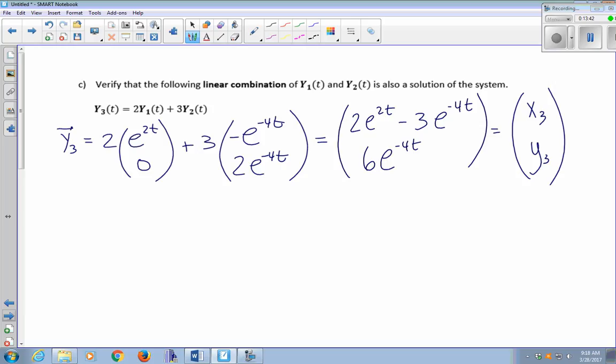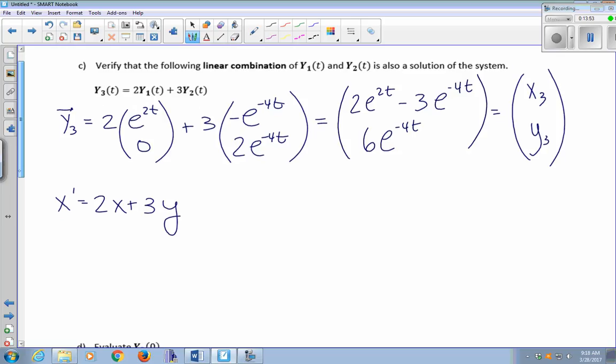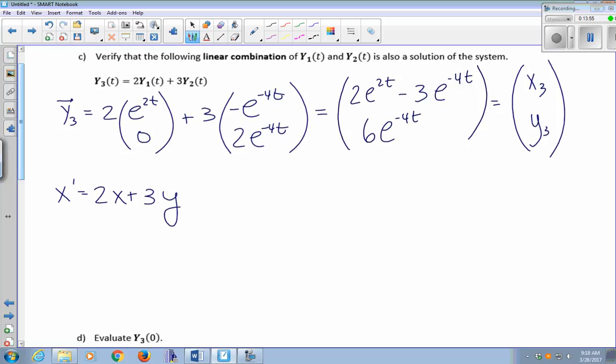So now I got to check using that x3 and y3. So I have to check my equation was x prime equals 2x plus 3y. Let's check that one first. Okay, given that x3 is 2e to the 2t minus 3e to the negative 4t, what is the derivative of x3? Over the 2 plus 12.